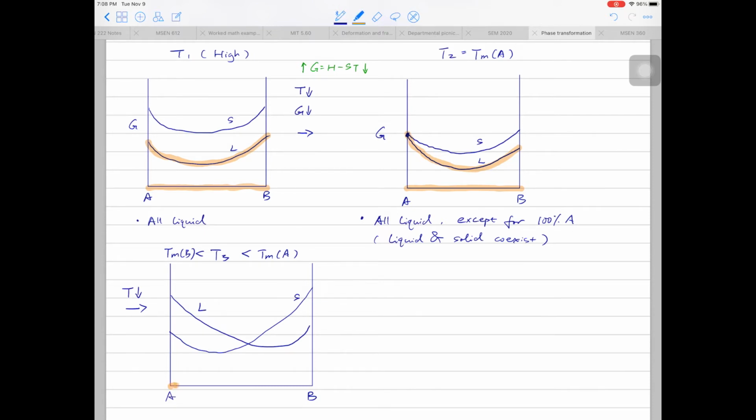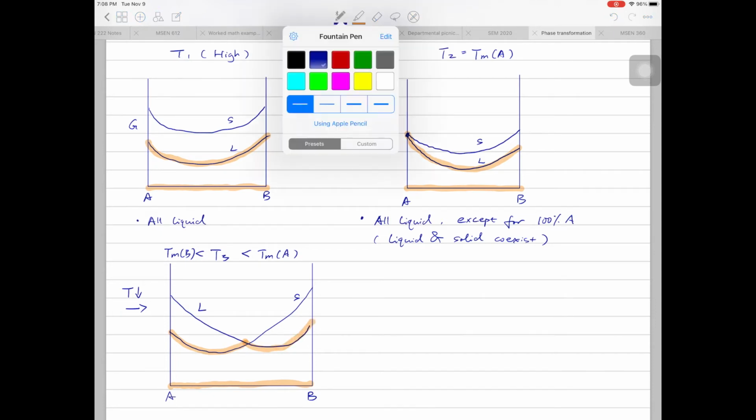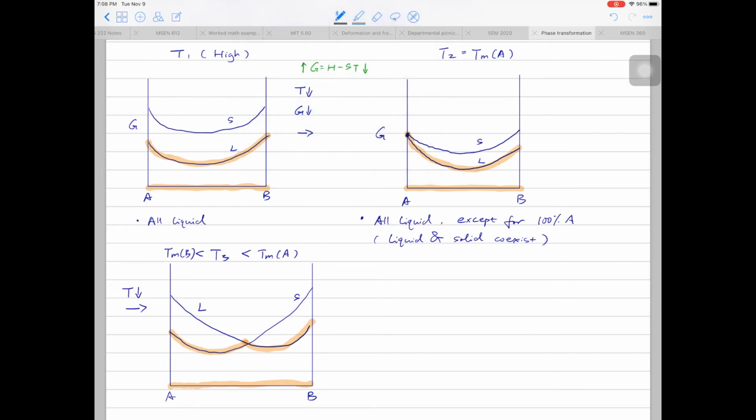If we sweep across the composition, it seems this part of the solid Gibbs free energy curve and this part of the liquid Gibbs free energy curve are at minimum. Intuitively, one would assume that from composition A to the crossover, the composition on the left-hand side will be solid and the composition on the right-hand side will be liquid.